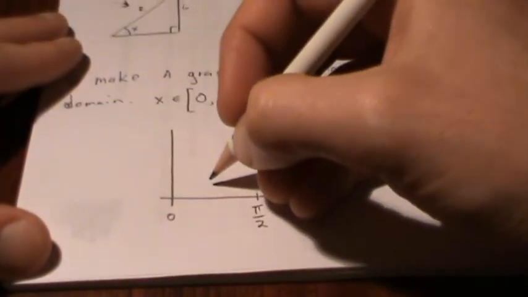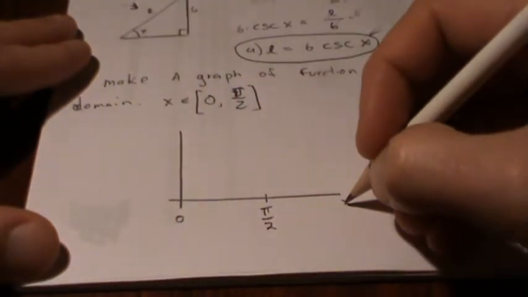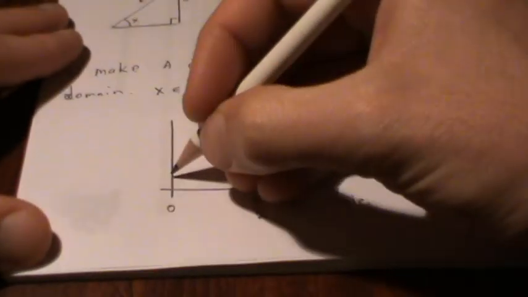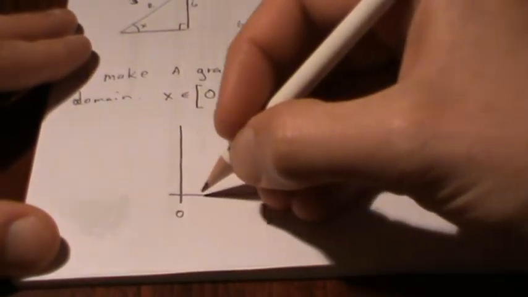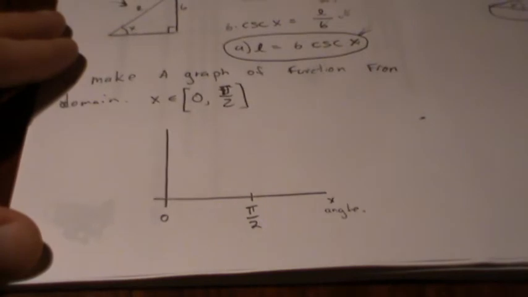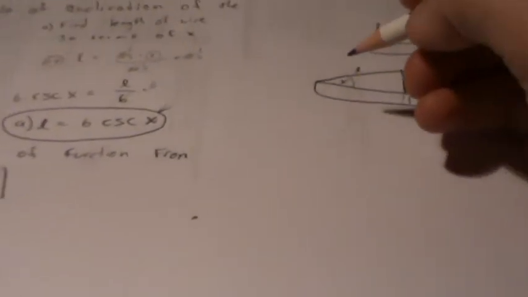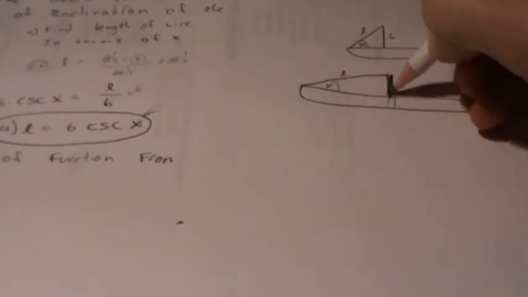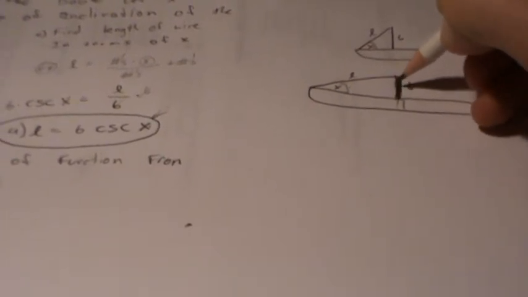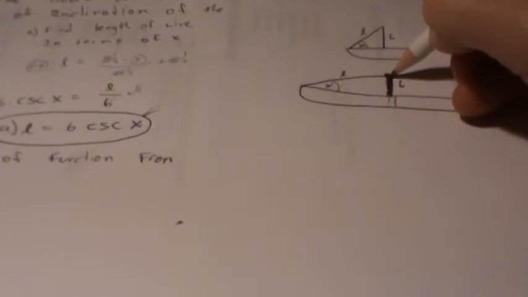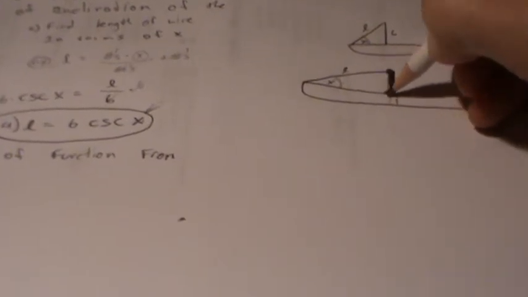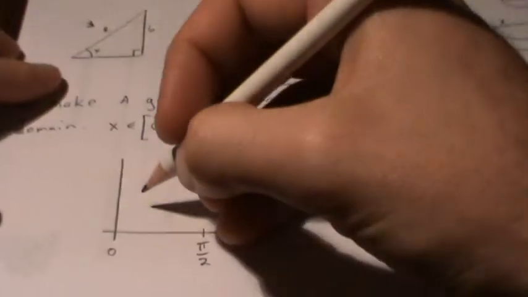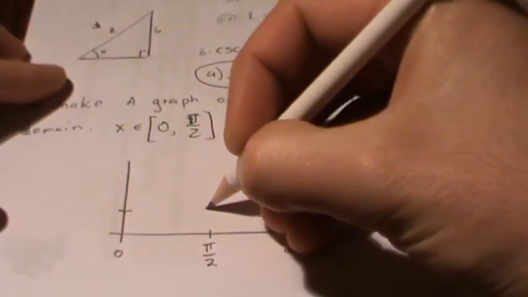So when the angle is 90 degrees, going back up to the picture, then my boat is infinitely short, and the wire that connects the top of the mast to the front of the boat is 6 meters. And so 6.